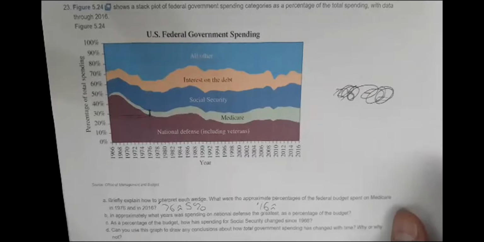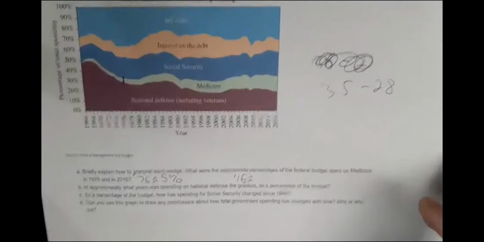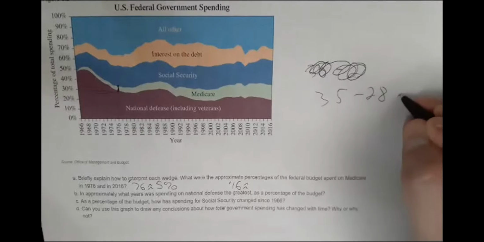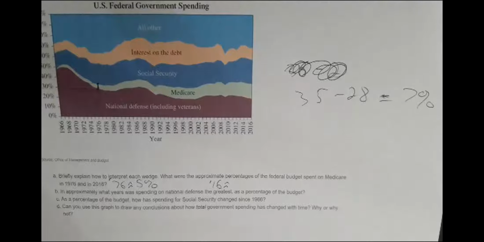I would say maybe like 35 to 28, right? So this would give me about 7% if I did that. Okay, I get it now.